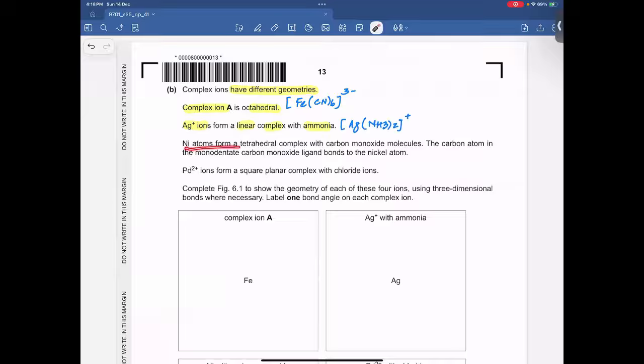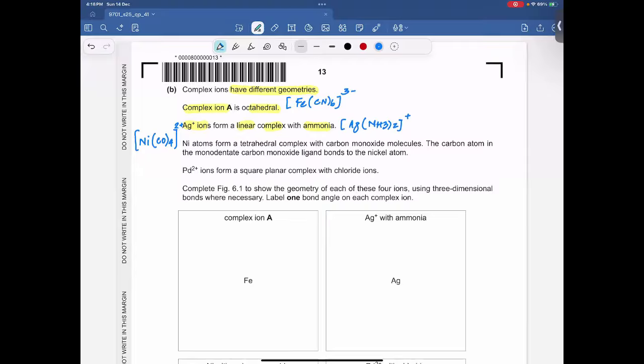Nickel atoms form a tetrahedral complex with carbon monoxide molecules. That's the tetracarbonyl nickel ion and has a structure like this. And the carbon atom in the monodentate carbon monoxide bonds to the nickel.